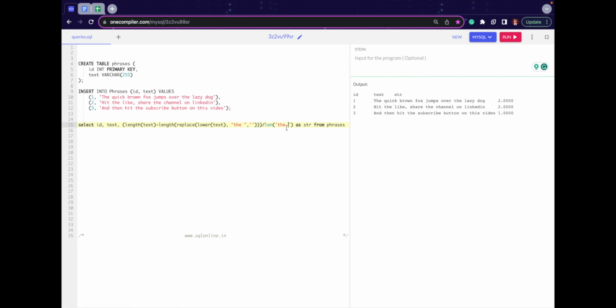This is 4 characters, this is 4 characters, and therefore you're going to get the total number of occurrences of this word. Okay, what happened? This is length. Alright. So it's 2, 2 and 1. So this is how you solve this problem.